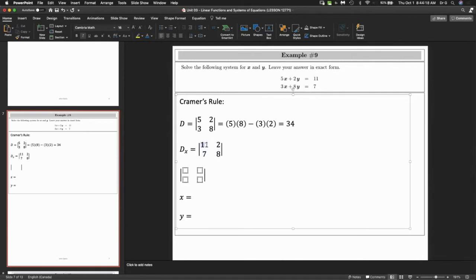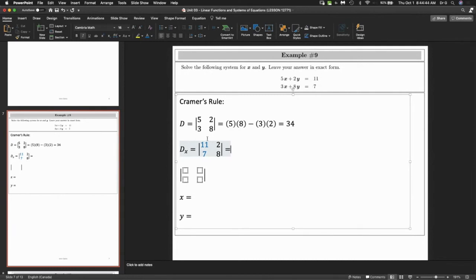So tell me in your own words in the chat, what did I do here? I want you to use the word replace. What did I do? I replaced x. Okay, I'm going to take you, Sean. I replaced the coefficients of x with the right-hand side.